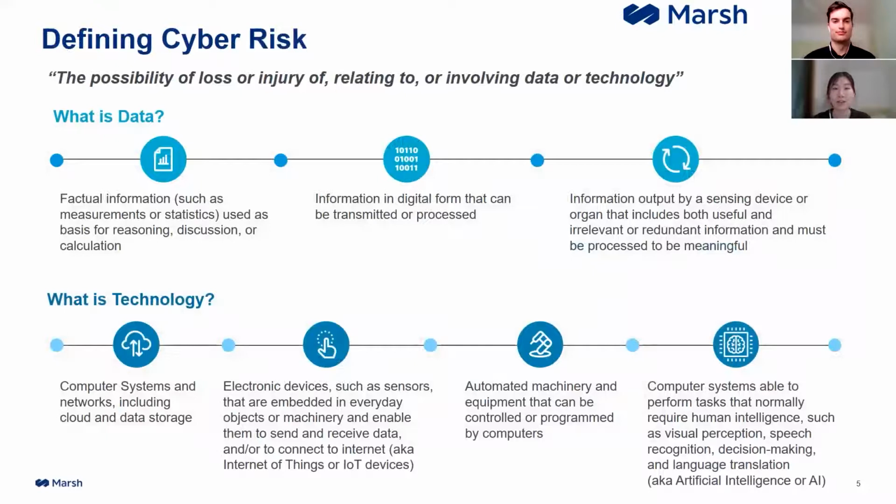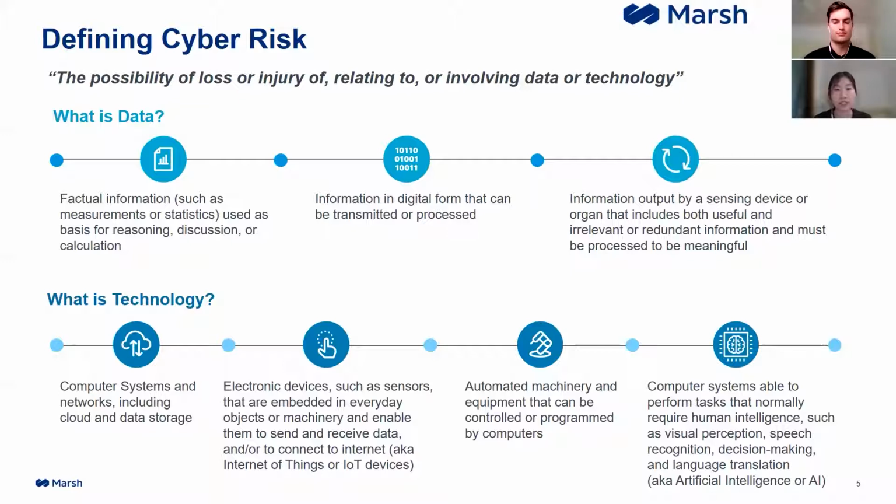I'd like to start off by defining cyber risk, which is the possibility of loss or injury of, relating to, or involving data or technology. So what is data? Data is any factual information that can be used on the basis for reasoning, discussion, or calculation. Data can also be information in digital forms that can be transmitted or processed, or informational output by a sensing device that needs to be processed to be meaningful.